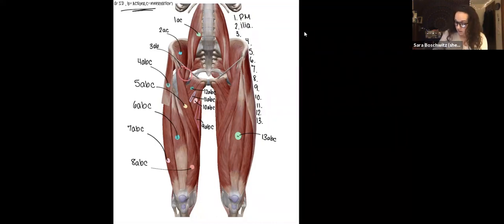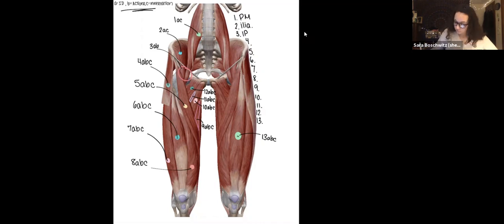And number three is where those two muscles come together to form the iliopsoas. All right, and their action together is going to be flexing the hip and laterally rotating the hip.